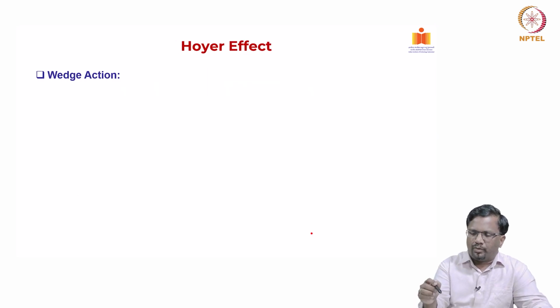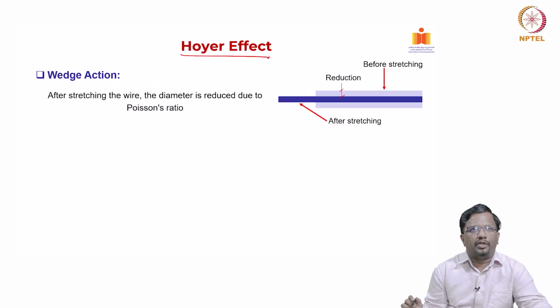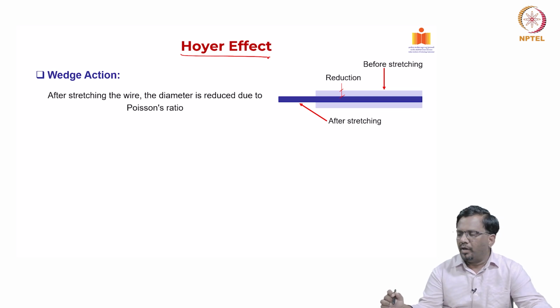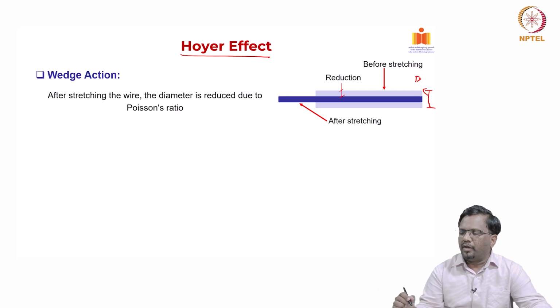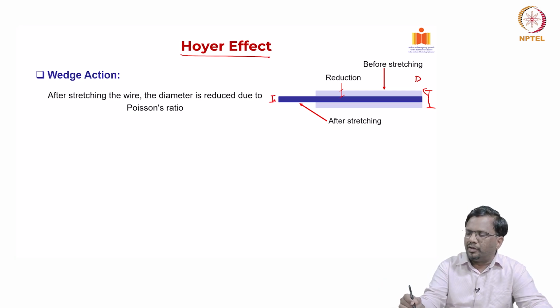Now, let us look at what the Hoyer effect is. Hoyer made a lot of contributions in the early development of pre-stressing systems, especially for the pre-tensioning system, and we know that when you stretch the cable, the diameter of the cable, this is the original diameter d, reduces to a certain diameter ds.